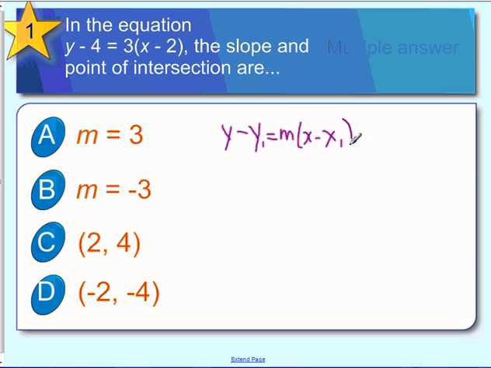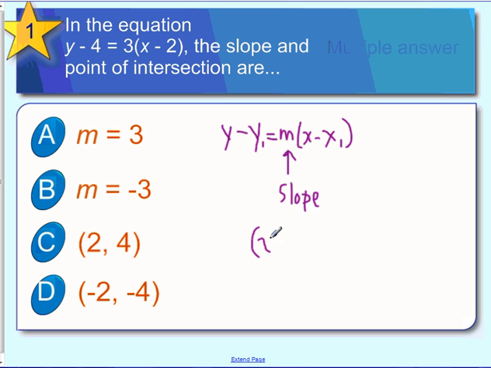Now, a couple different things that you're going to notice in this. We have our slope, which is m. We also have something else in this particular equation. We have this x1 and this y1.